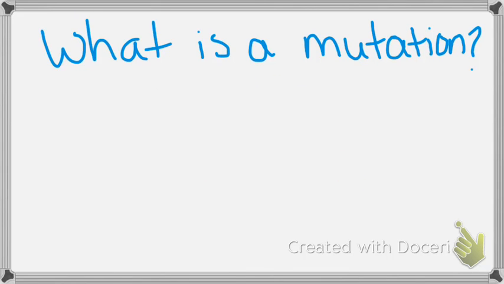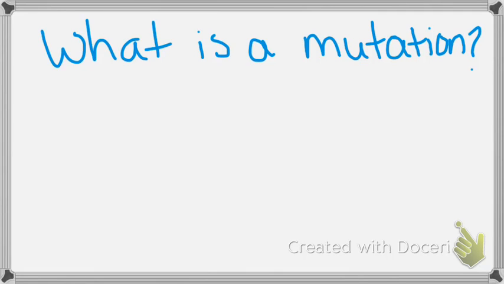The first question we need to discuss is, what is a mutation? Well, a mutation is not typically what we think of, because sometimes, like in film and movies, a mutation is something that causes a big major change in the person or the organism, like the Hulk or the Mutant Ninja Turtles.